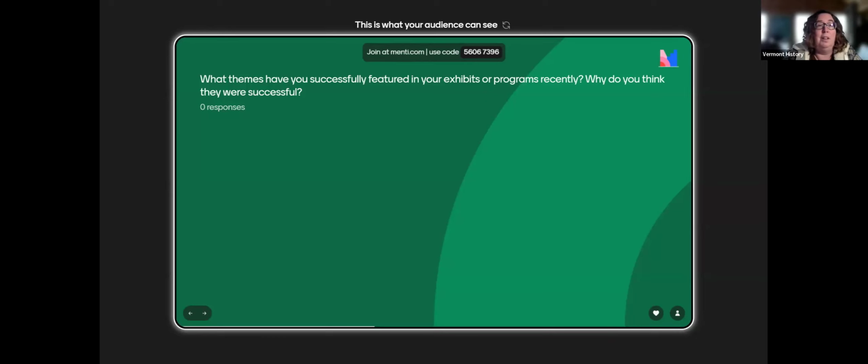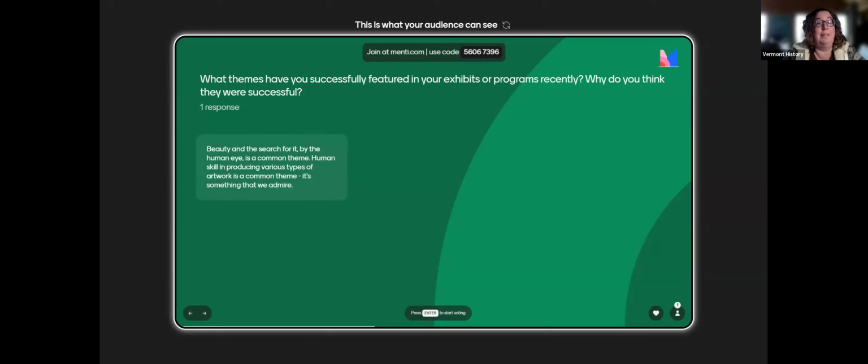Oftentimes you might have an art exhibit, and that's more based on the type of object or collection. That might work perfectly well, but also think about what ideas you are trying to share when you present a quilt exhibit. That can be your theme.